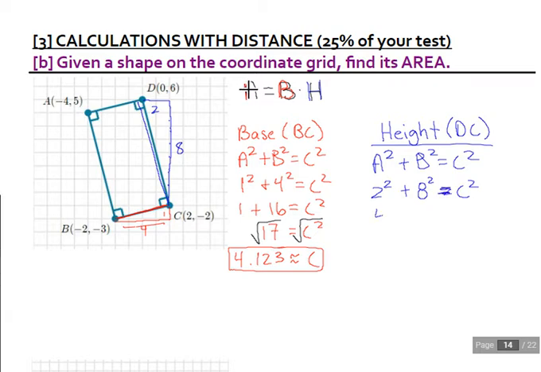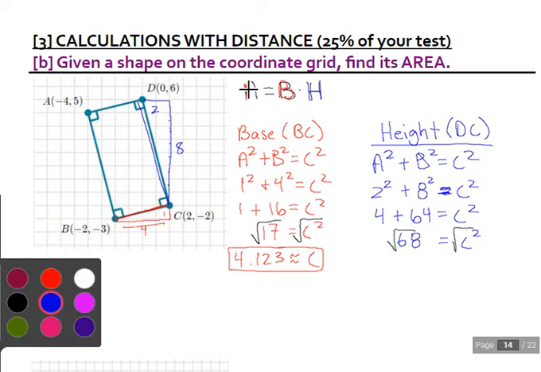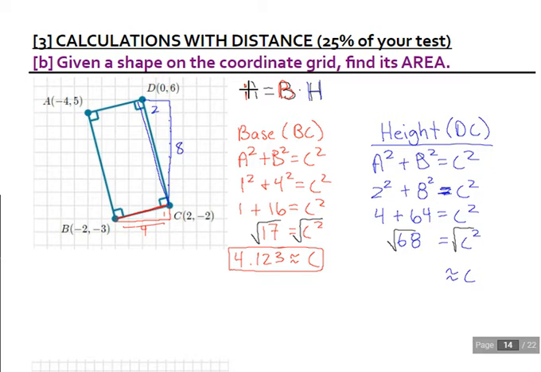So 8 squared is 64. All right, so of course we'll square root to get rid of the square, leaving us with a value of 8.246. Okay, so we have the components we need.